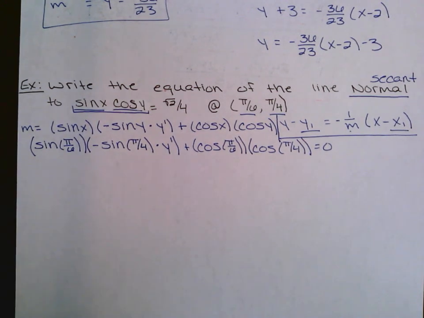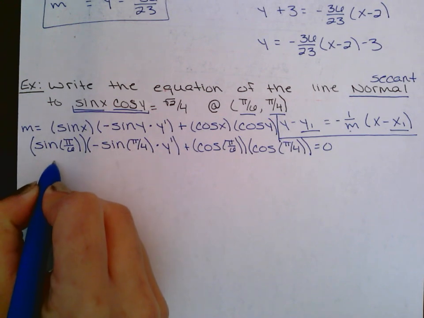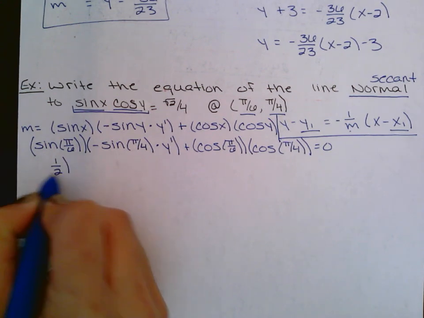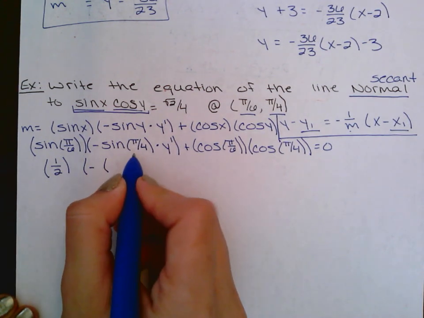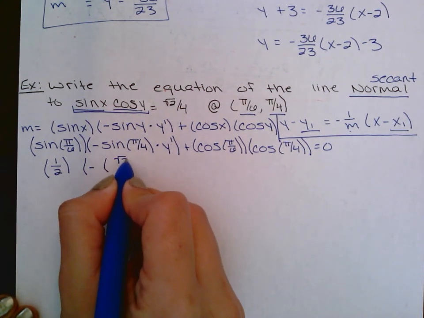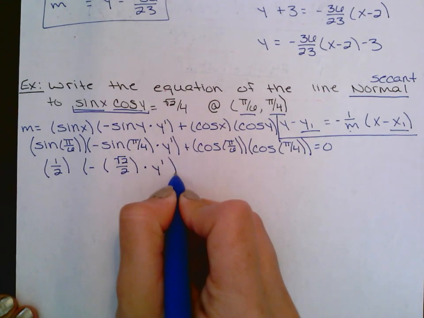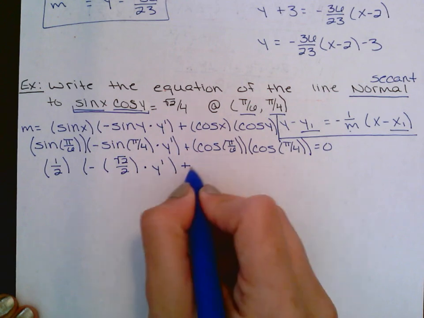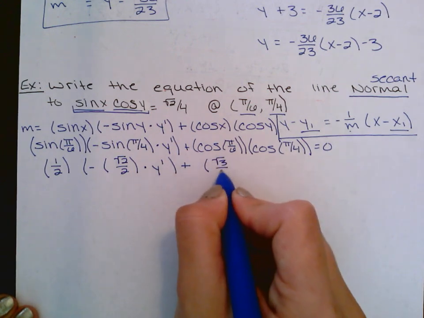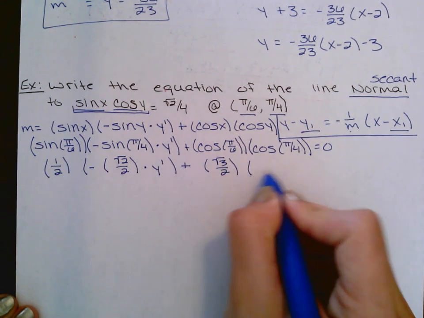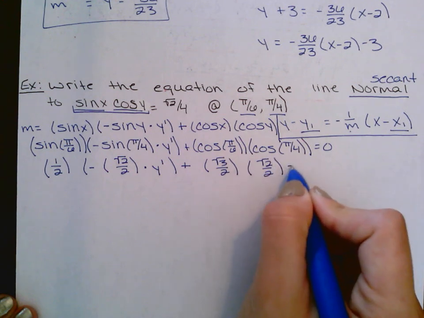So now onto our unit circle. Sine of pi over 6, we get 1/2 times negative sine of pi over 4 is radical 2 over 2 times our y prime, plus cosine of pi over 6 is radical 3 over 2, and then cosine of pi over 4 is radical 2 over 2.